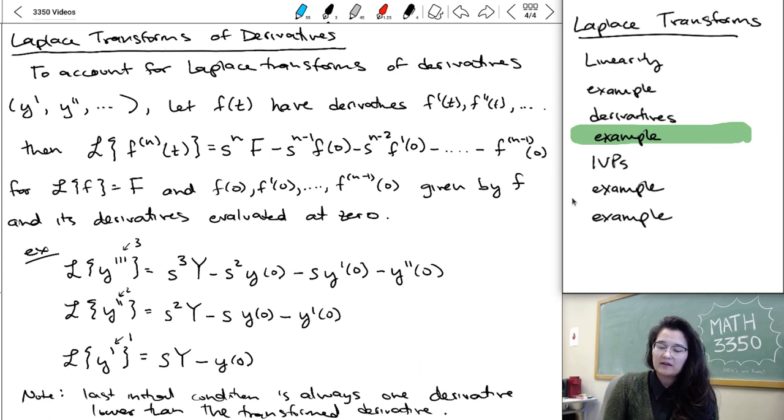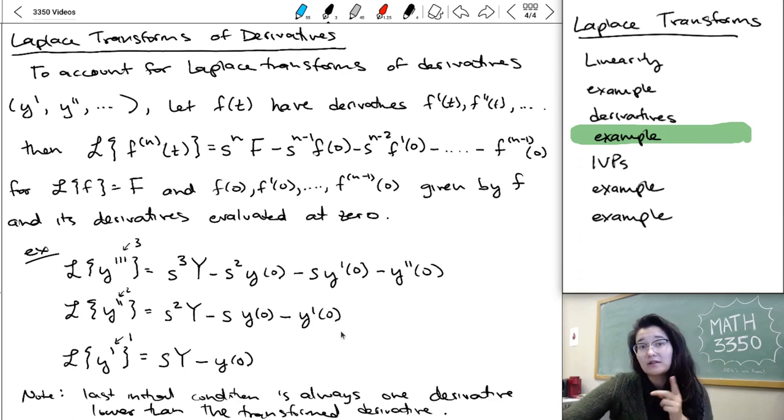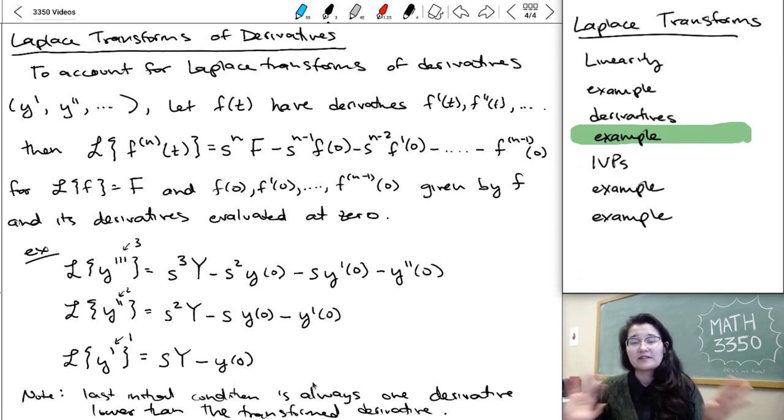So if I'm taking Laplace transform of third derivative, the last initial condition I write should be one below its, second derivative. When I did Laplace of second derivative, my last initial condition was first derivative. And when I took Laplace of one derivative, my last initial condition had no derivative. So that's just like a quick way that you can check that nothing's gone wrong when you start working through this process.